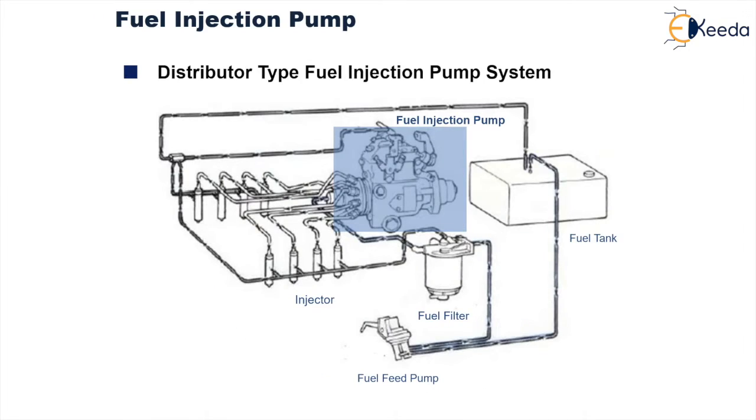Then you have the distributor type of fuel injection pump system. In the distributor type, you will see that the injection nozzles are distributed separately and they are attached to a single fuel injection pump. The rest of the components are as they are: the fuel feed pump, the fuel filter, fuel tank, and the supply lines. The arrangement of the injector nozzles is a little bit different from the inline injection pump system.